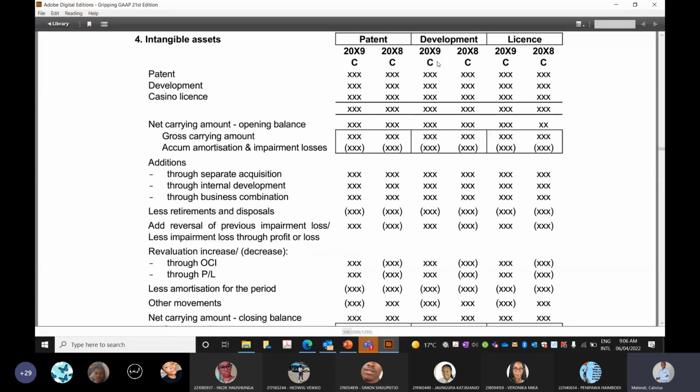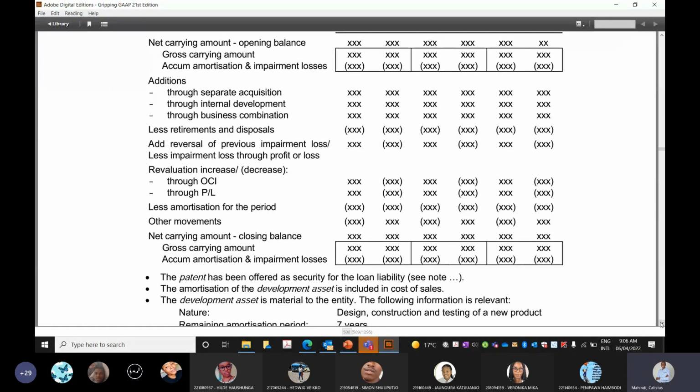You always show the comparative amounts, but for our purposes, we will not really show the comparative amounts. We can just start looking at from that point in time where you have your net carrying amount at the beginning. All right. You have your additions, your disposals, impairment losses, revaluations, increases and decreases, amortization, etc. And you get the amount at the end of the period.